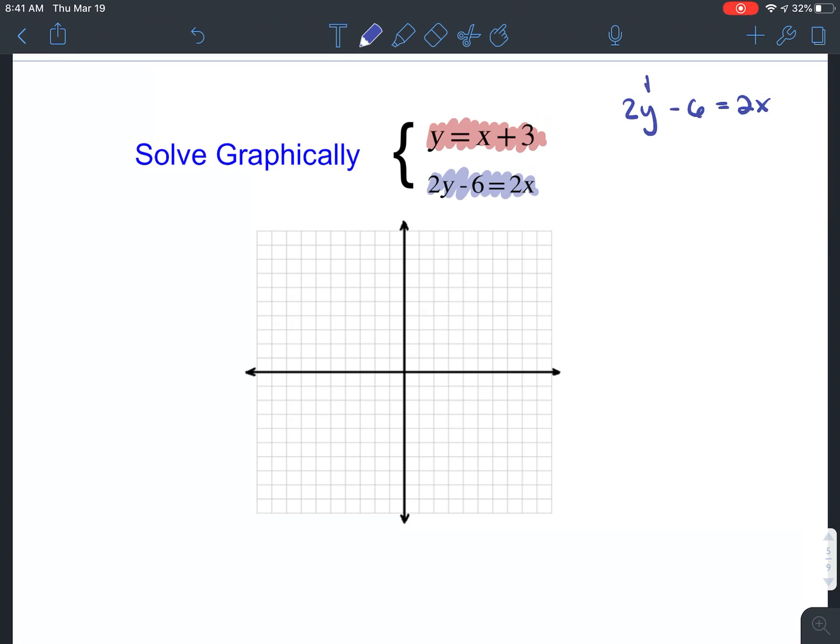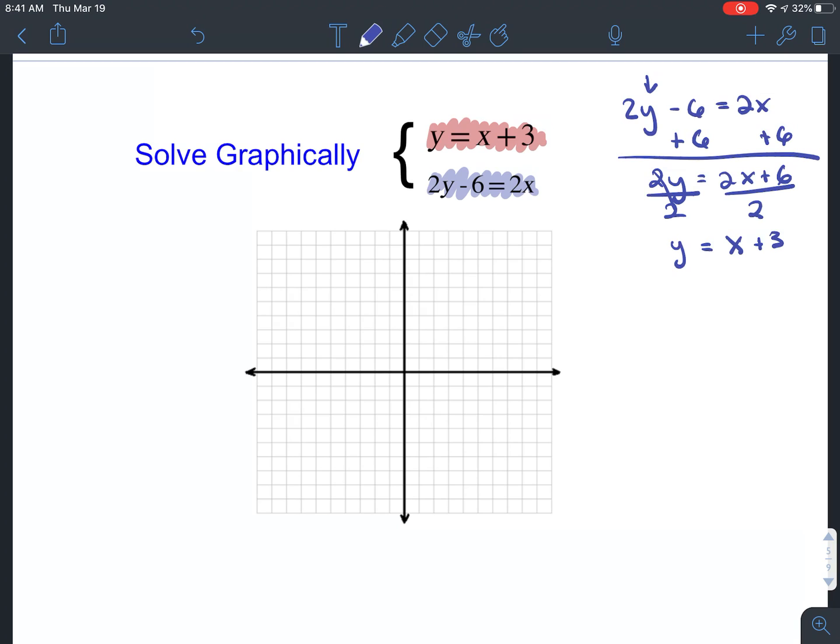We want to isolate y to put it in y equals mx plus b form. So we're going to add the 6 first. 2x plus 6. We're going to divide by 2. And we get y equals 2 divided by 2 is 1x, which I actually don't have to write, and 6 divided by 2 is 3. So we get the line y equals x plus 3.